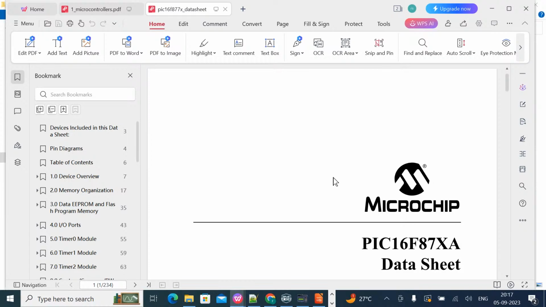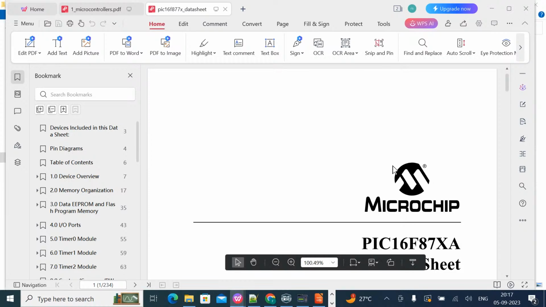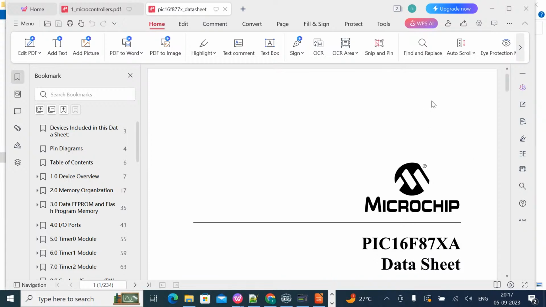This is the data sheet of your microcontroller, the PIC16F877XA series. So I will be referring to this for 877A. How many pages does this data sheet have? 234 pages.